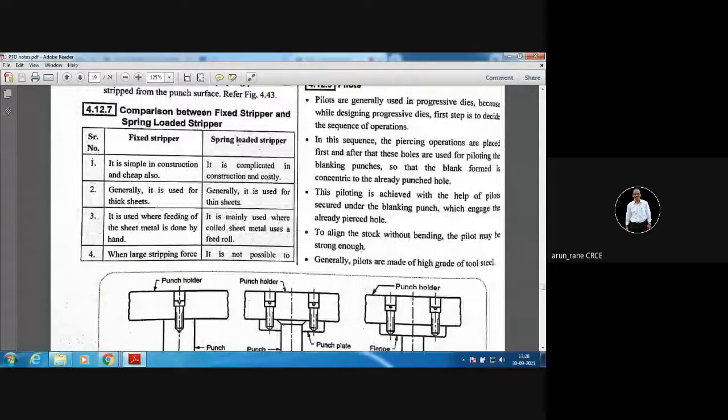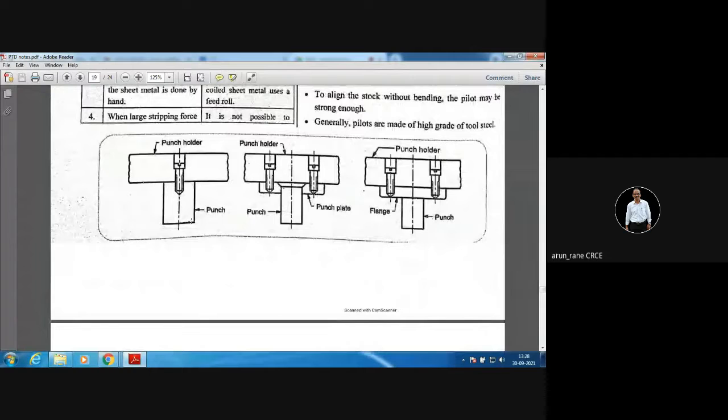Then there are different ways of holding the punches. These are your punches, and this is your punch plate or punch holder. You can see here this punch is held with the help of an Allen cap screw. If the punch is bigger, then there are two Allen cap screws provided. Try to understand the difference between the fixing in this figure and this figure.